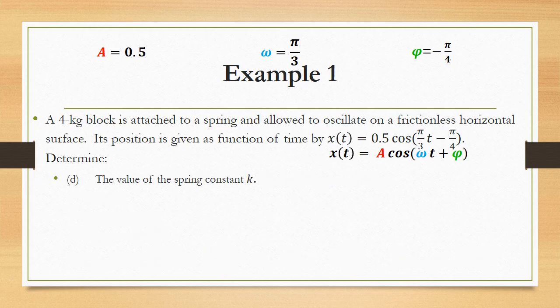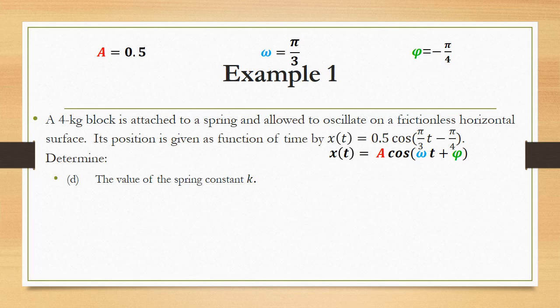Here in part D, I want you to try to find the spring constant k. Please pause. This one might be a little bit tricky in terms of how to start, because the slide earlier with all the equations doesn't have k in it, but you do know that there's a k in a few equations.